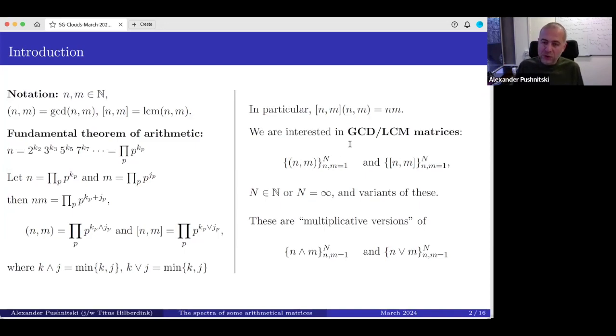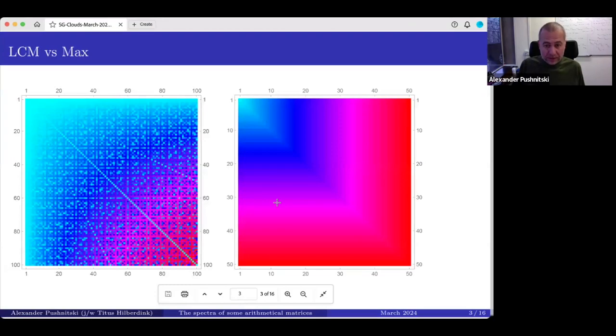So it's a kind of loose definition. You should think about this as a multiplicative version of matrices where the nm-th entry is the minimum of n and m or the maximum of n and m, because of this formula.